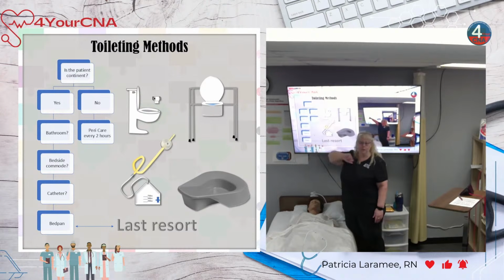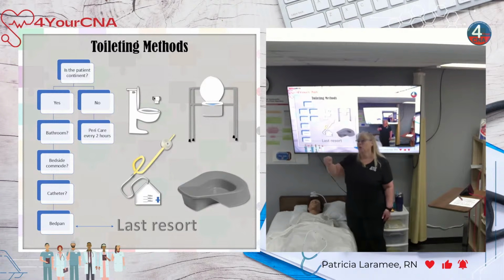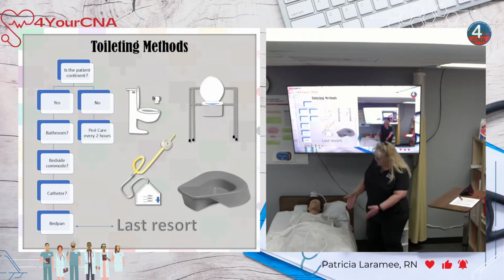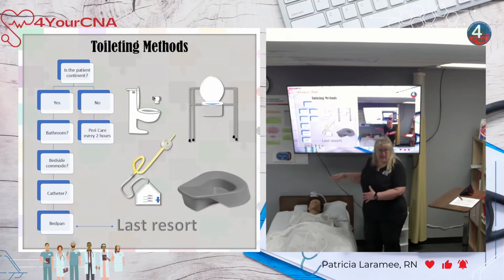So bathroom privileges or bathroom with assist, gold standard. That's what I'm looking for. But what if they can't make it all the way to the bathroom? Because if you had to go from here all the way back there, that's a long walk when you have no energy. So maybe if they can't make it all the way to the bathroom, but otherwise they're okay, we might look at something like a bedside commode, where we bring it to the bedside, literally, and they are able to get up out of bed, sit on the commode, go, CNAs clean it out, and then get back into bed.